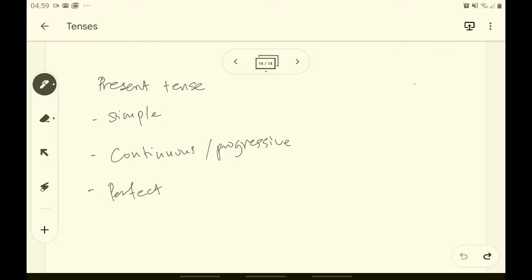If we look back at our previous video on past tense, we know that simple past tense is used to describe things that happen simply in the past. Similar to that, simple present tense is also used to simply describe things that happen in the present.